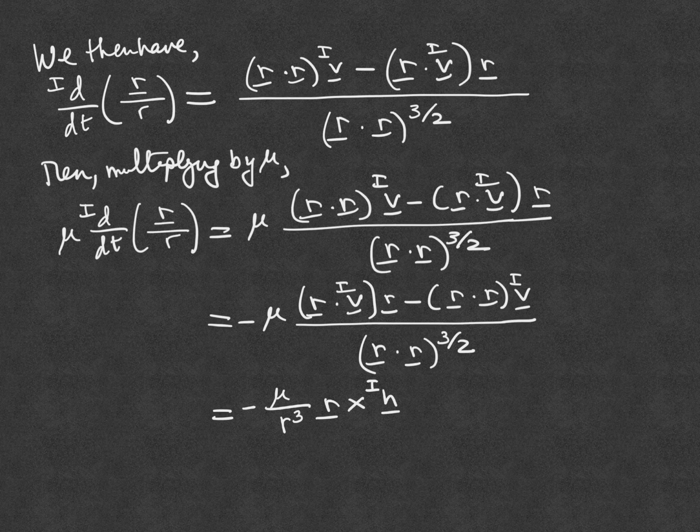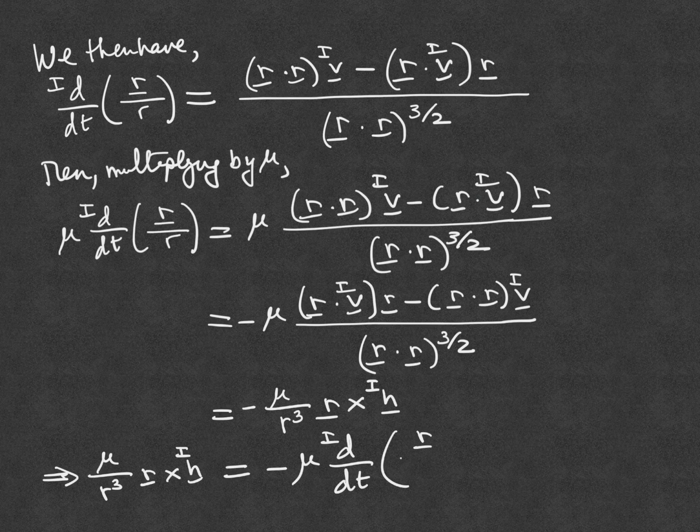And you can then see from this result that mu over r cubed times r crossed with HI is equal to minus mu times d/dt in I of r divided by its magnitude, or the radius. So that gives us the two terms. Now we have both terms.